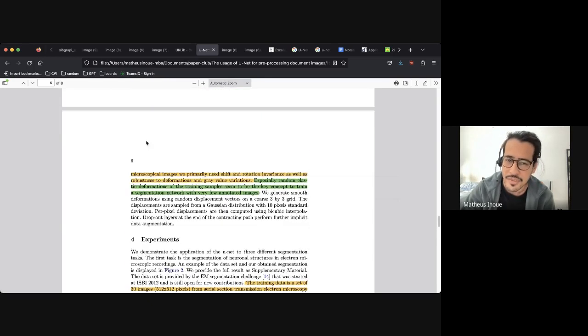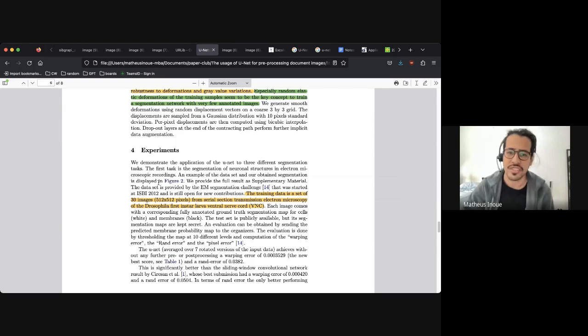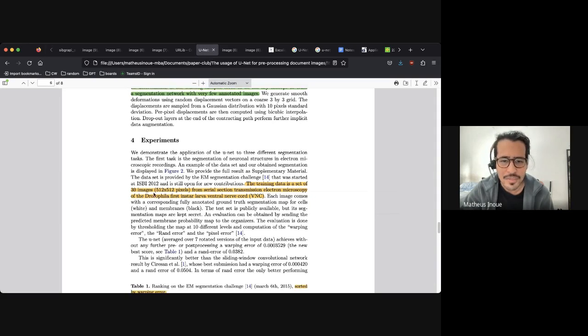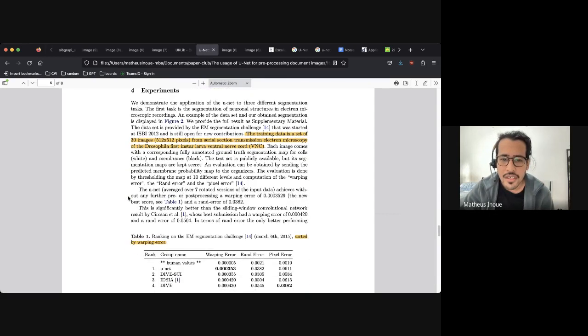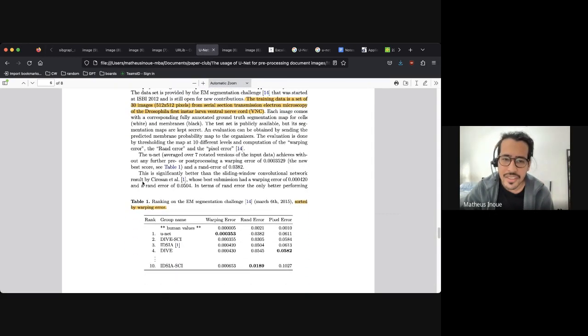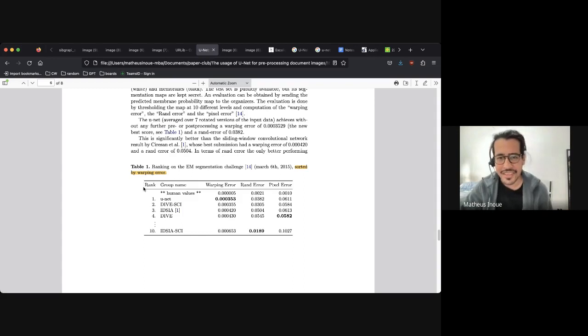With 30 images, maybe they have 100 different operations, so 100 times 30, you get around 3,000 images, right? They don't go into detail, but it's really very few images, 30 images.